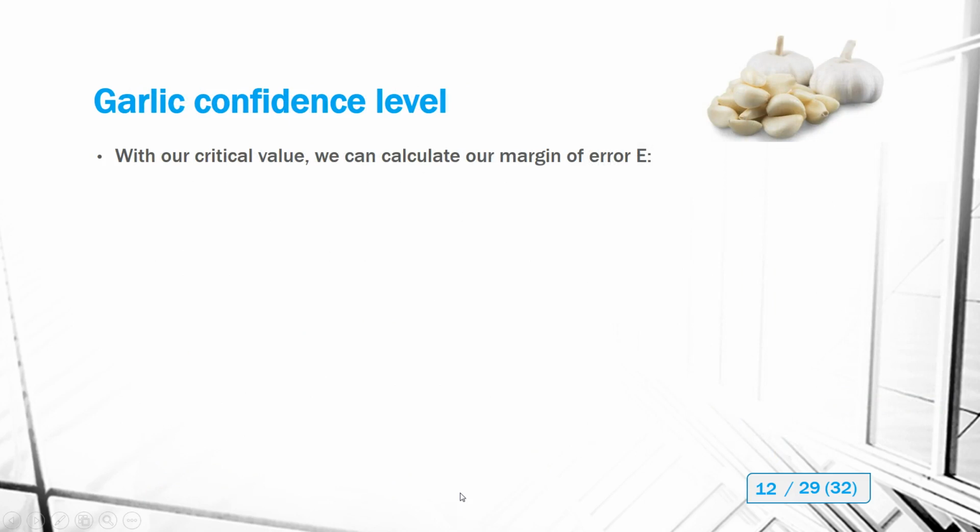Now that I have my critical t-value, I can calculate a margin of error. Here's our equation for margin of error. We substitute in what we know. Here's our t-value. Notice I'm using the estimated one from that row of 50 degrees of freedom, even though we really have 48. Here's my sample standard deviation divided by the square root of my sample size, 49.